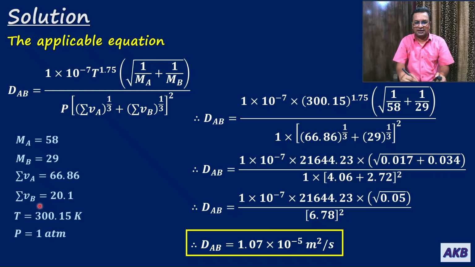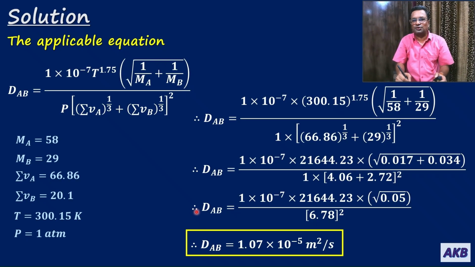In this case, B, the other component, is air, and for air summation of Vb is directly given to us. So that's why we have used it as it is given, but we have found out summation of Va. With this, we complete our discussion for numerical number 1.